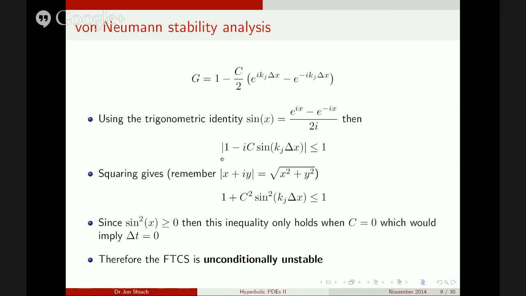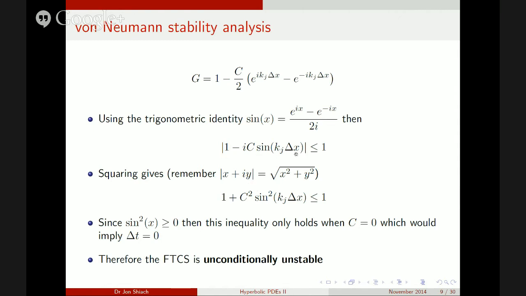This is a modulus, the modulus of a complex number. Remember, if I have a complex number of the form x plus iy, the modulus is essentially Pythagoras' theorem. You square the real part, square the imaginary part, add them together, square root it, and you've got the modulus. So I need the modulus of this.